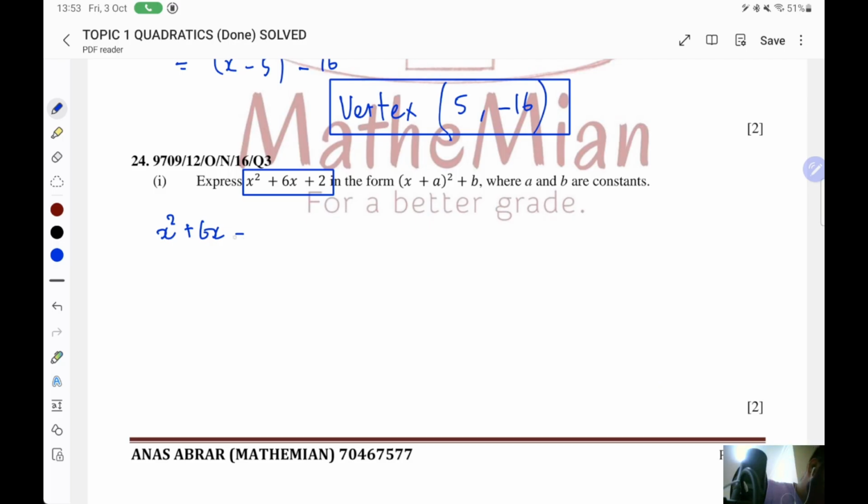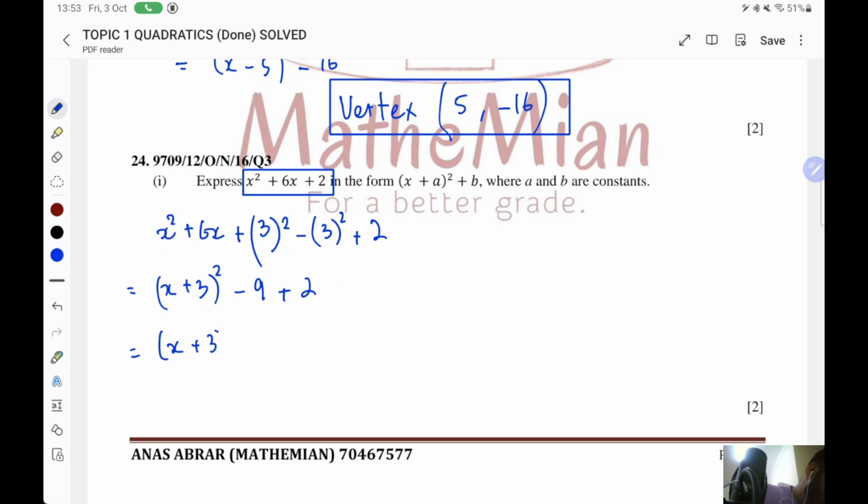Okay, so you'll do the half of the coefficient of x, which is 3. So you'll add the square of 3, and then you'll subtract the square of 3. So it will be x plus 3 whole square minus 9 plus 2. So x plus 3 whole square minus 7. So this is your answer in completed square form.